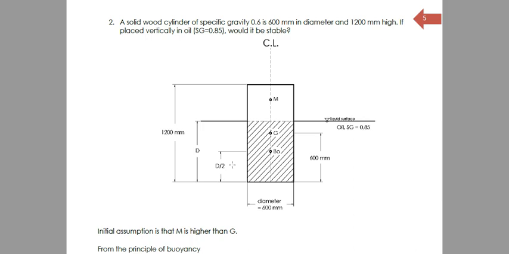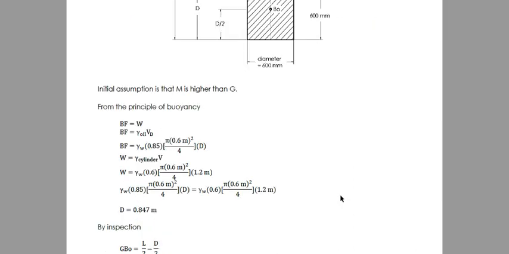So first, we need to solve for the draft or the depth of flotation D by virtue of the principle of buoyancy. Okay, so we know that BF is equal to the weight. Then we'll try to expand this equation. BF is gamma of oil times the displaced volume.